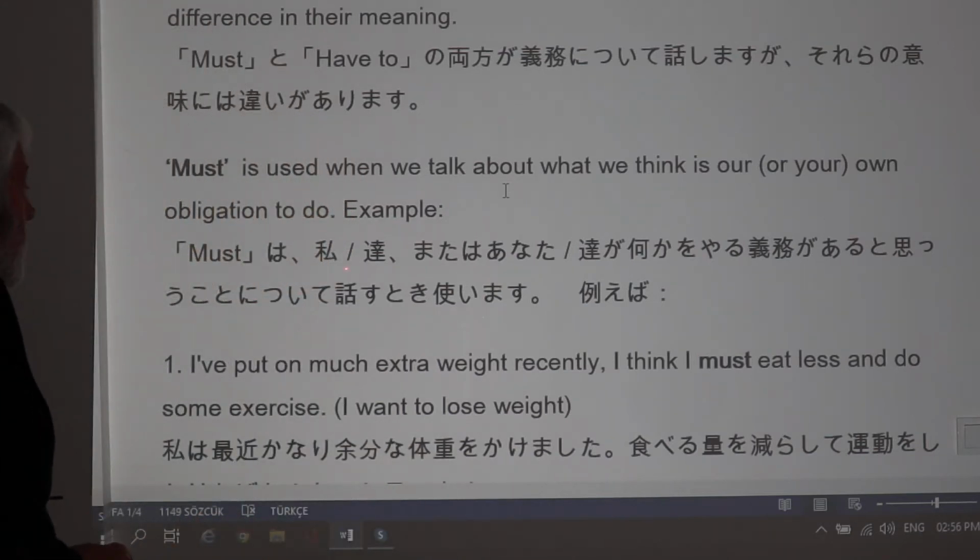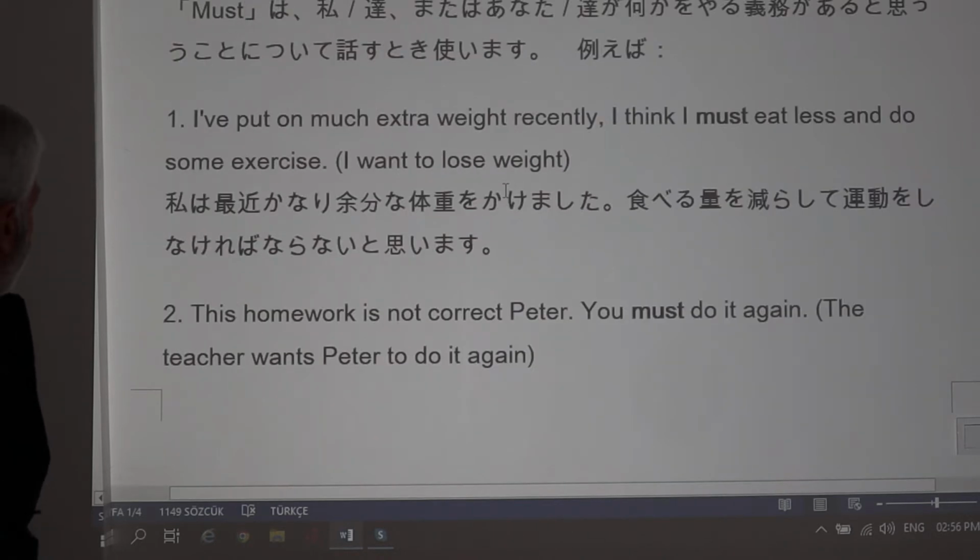So, must は、私たち、またはあなたたちが何かをやる義務があると思うことについて話すときに使います。例えば、I put on much extra weight recently.